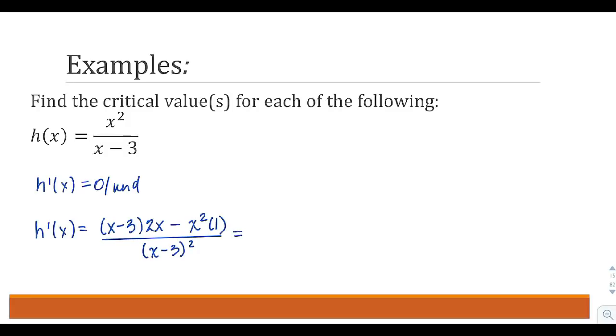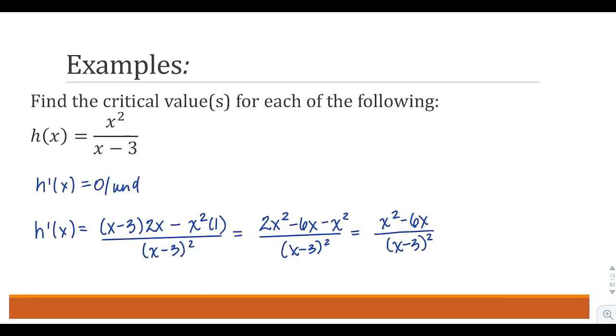So if we clean that up a little bit, we have 2x squared minus 6x minus x squared all over x minus 3 squared. Or, even more simplified, x squared minus 6x over x minus 3 squared.